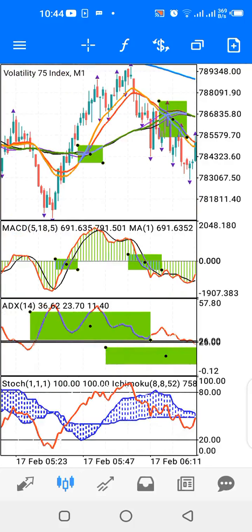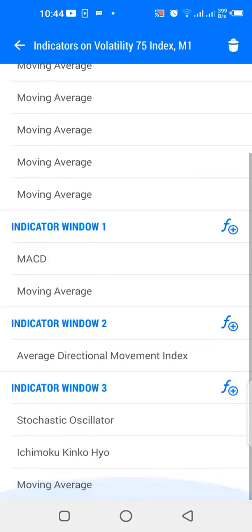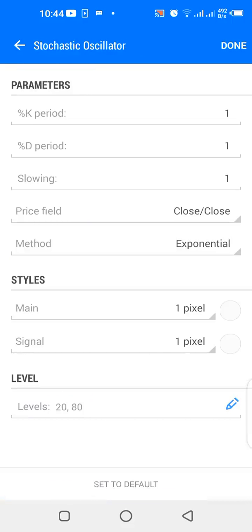Now for indicator window 3, let's look at the settings. You have the stochastic oscillator. The parameters are percentage K period is 1, percentage D period is 1, the slowing factor is 1, the price field is close on close, the method is exponential.